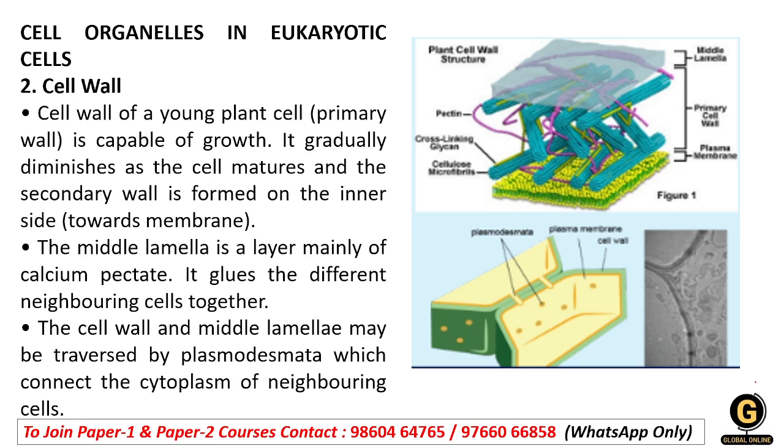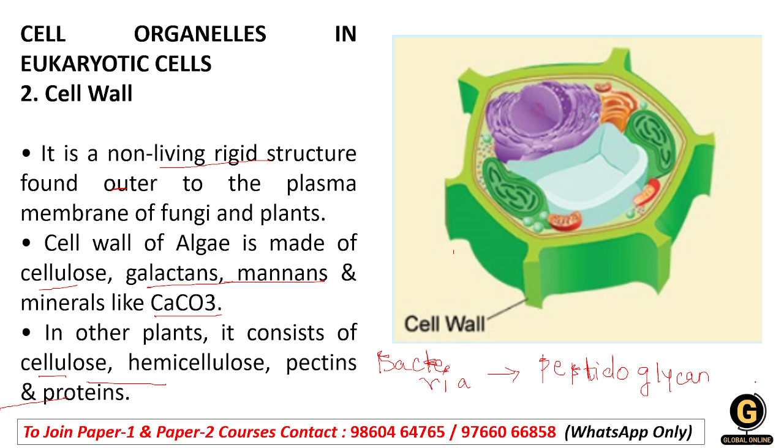Okay, now how is this cell wall? First of all, it is the outermost layer. It gives protective covering. It is rigid. What is the characteristic? Rigid. It also provides shape and structure to the cell. A dead layer is present. Please write it down, students.